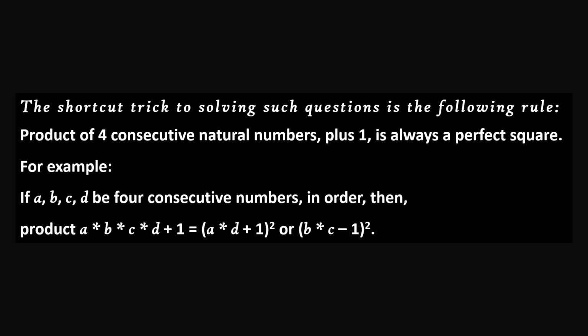If you take the first and the last, it is plus 1. If you take the middle two numbers, it is minus 1. So if you take the square root, you will get A into D plus 1, the product of the smallest and the biggest plus 1, or the product of the middle two numbers minus 1.